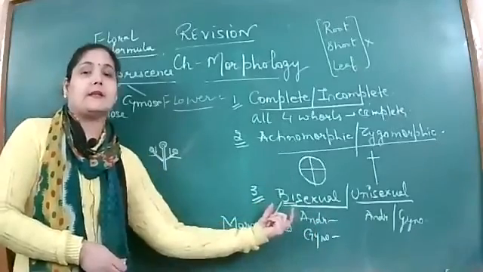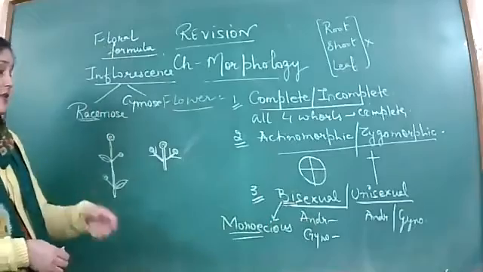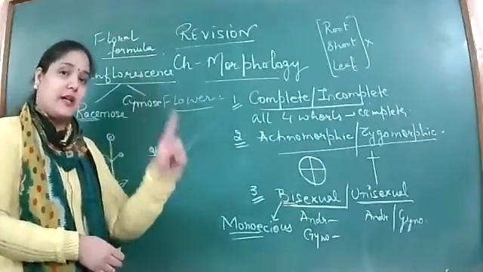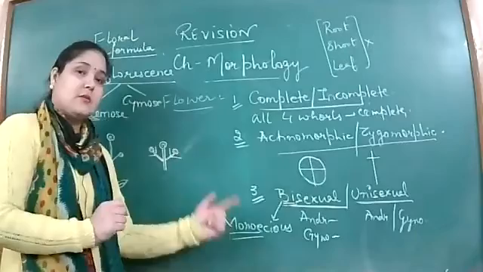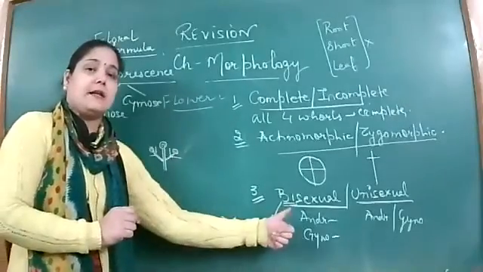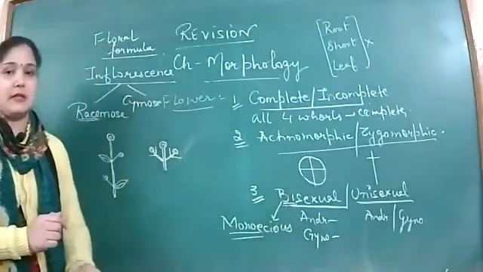So the bi term covers both. Why is it called monoecious? Because it is one flower carrying both the gamete producing organs. ठीक है. Mono term है one flower से, bi term है दो reproducing organs से. तो आपने ये term इस तरह से explain करना है.